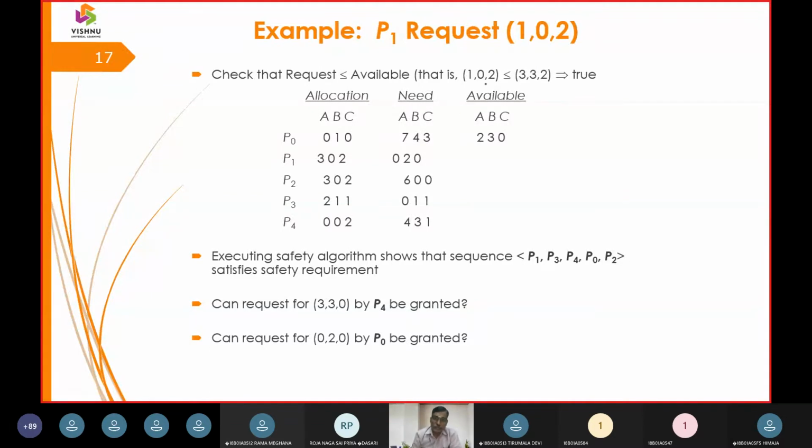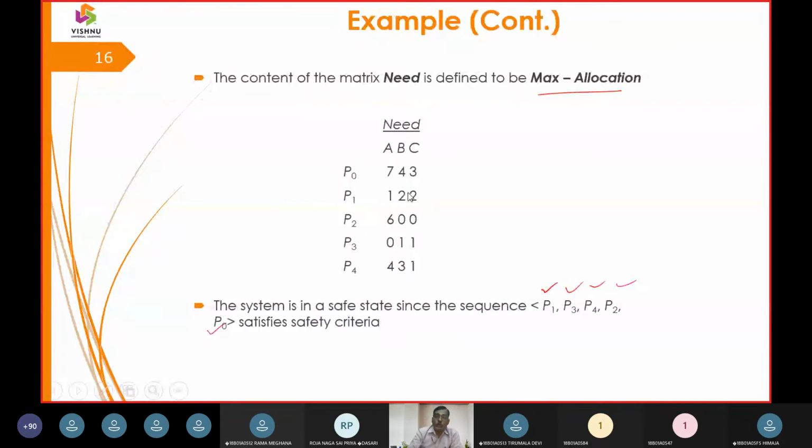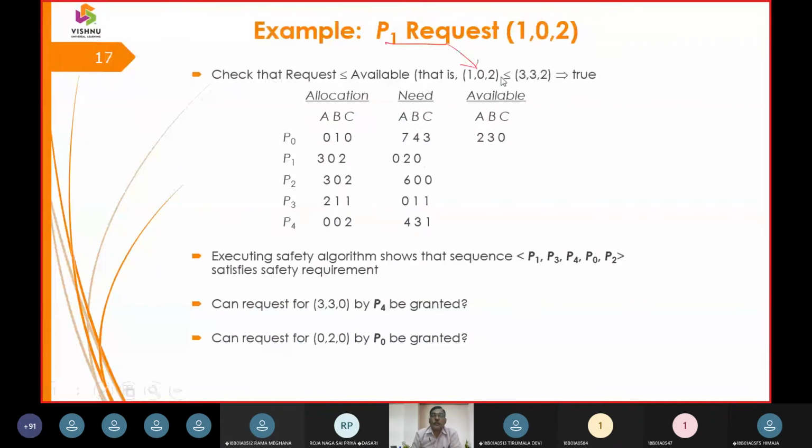In the resource request algorithm, we said that P1 is going to ask for an additional value. Earlier P1 was 1 2 2, now P1 is asking for 1 0 2. So is this satisfied or not? That is the question here.